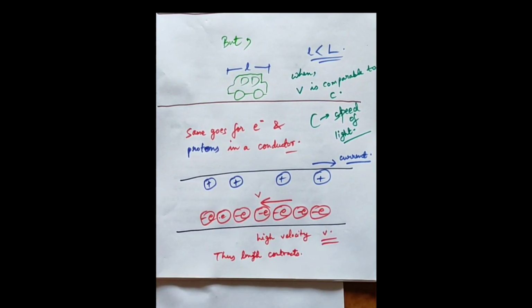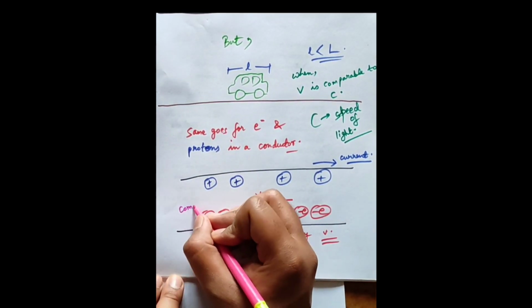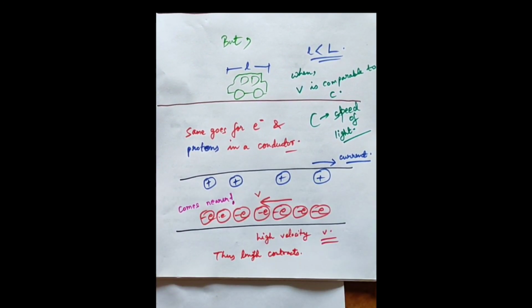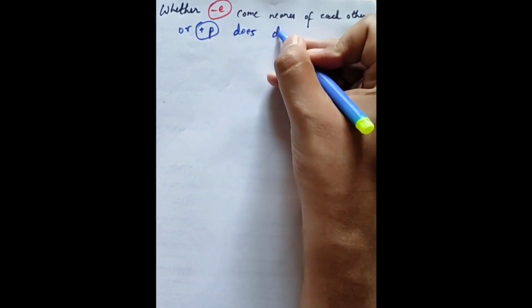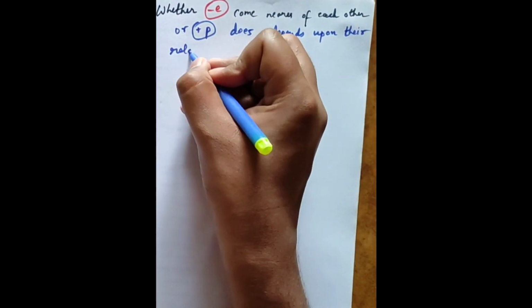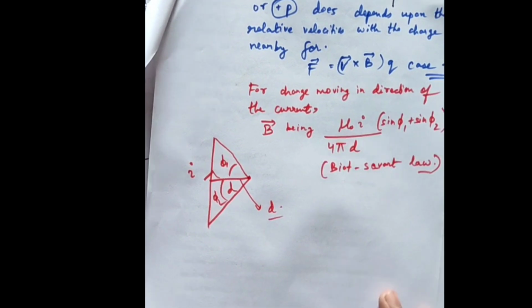So here we say that length contracts for a charged body which is moving in the direction of the conductor's charge flow.